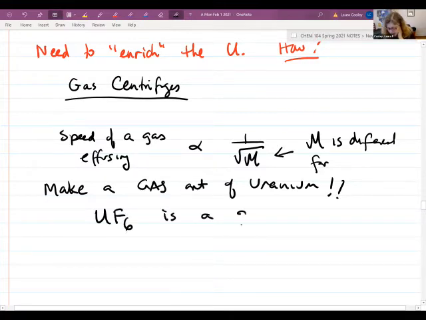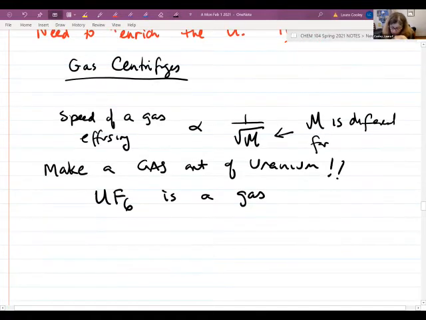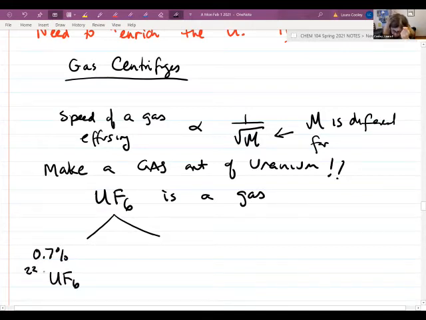UF6 is a gas. So they made a chemical reaction to form UF6. In a sample of UF6, you've got 0.7% UF6 made with U235, and 99.3% UF6 with U238.